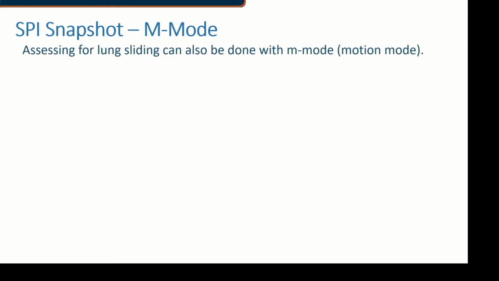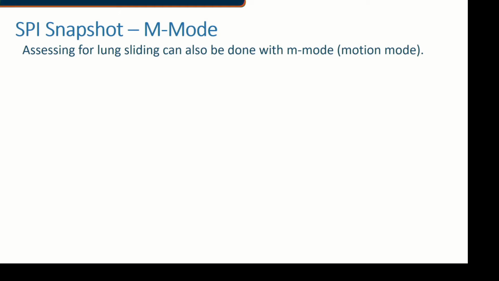So let's talk about M mode for a moment. And this is going to be my SPI snapshot here. And I'm going to tie that back in to showing you that on our patient today. So when you have to document lung sliding, it's not always practical to save a cine loop of that lung sliding.